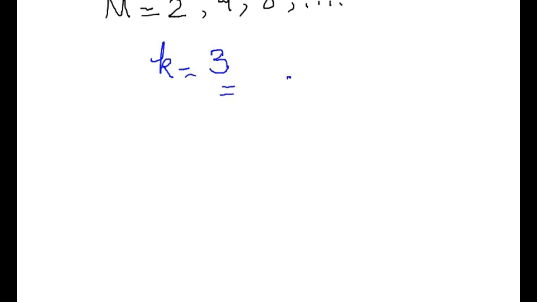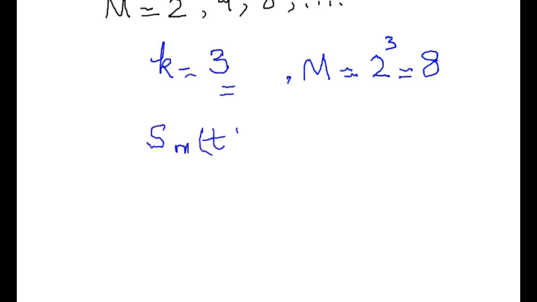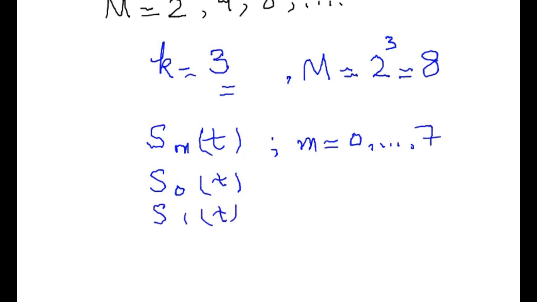So I should have 2 raised to the power 3, that is 8, unique symbols s_m(t), where m is from 0 to 7. So we should have s_0(t), s_1(t), and so on up to s_7(t).